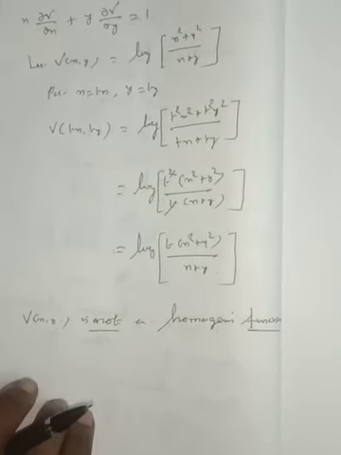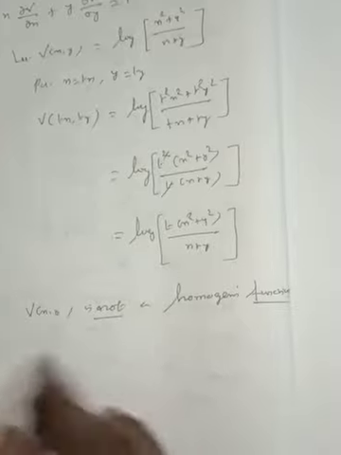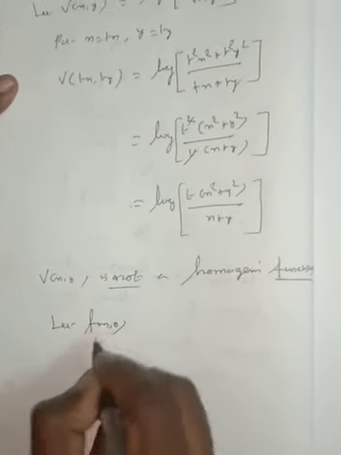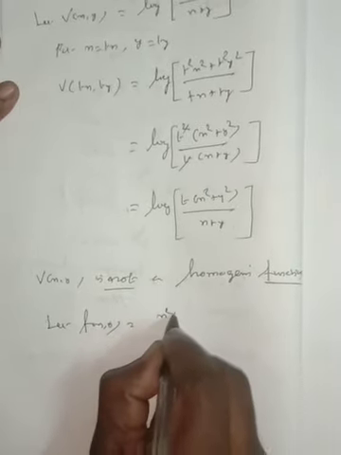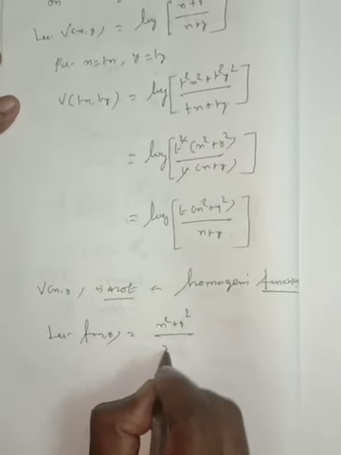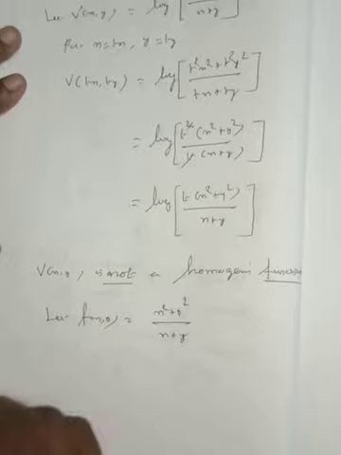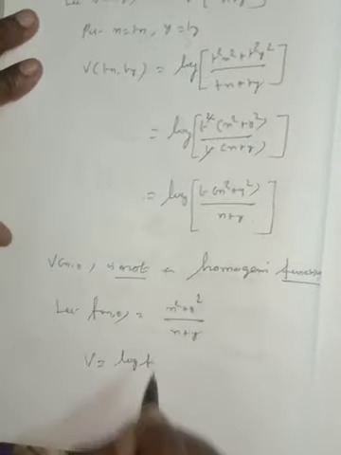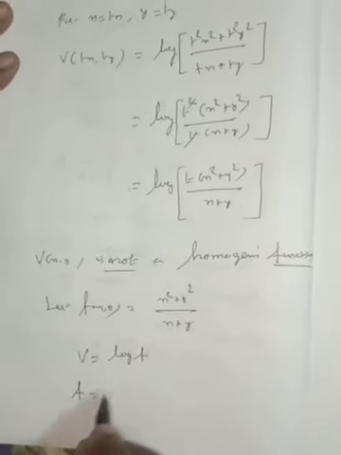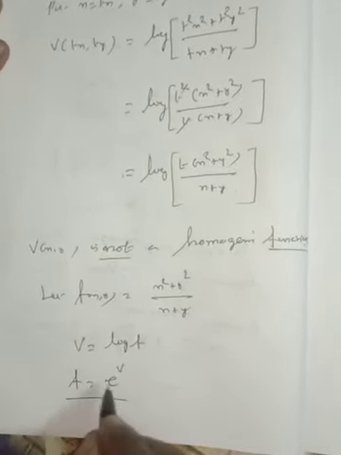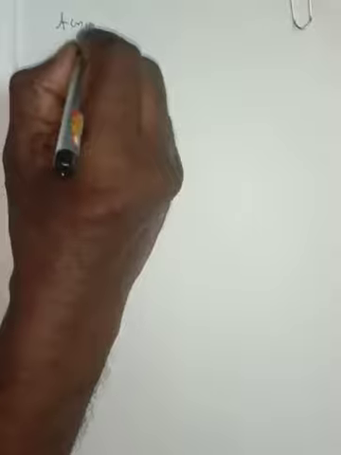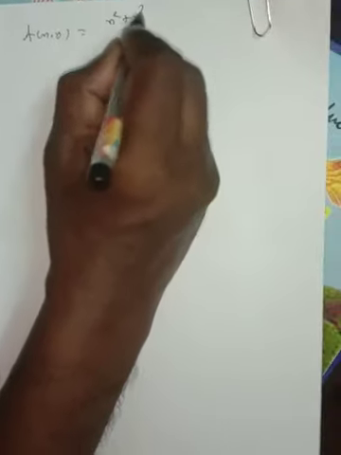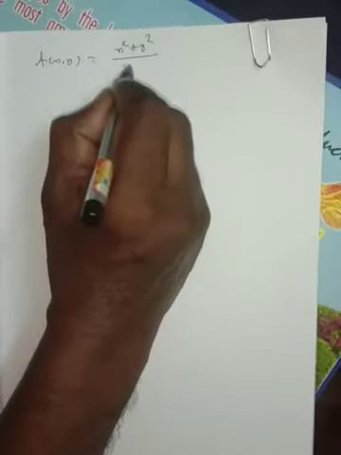Therefore, let f of x y be x square plus y square divided by x plus y. v is equal to log f, so f is equal to e to the power of v, which is x square plus y square divided by x plus y.